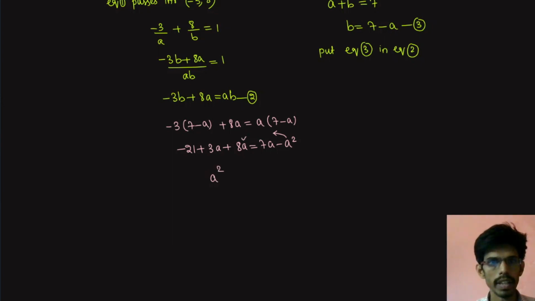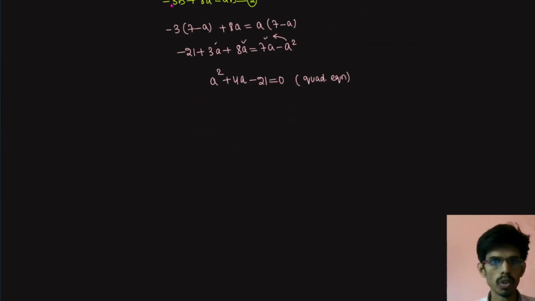Now 8a minus 7a will be 1a, 1a minus 3a will be... so I have 4a here, and the constant minus 21 is equal to 0. Now this is a quadratic equation, which will have two roots.